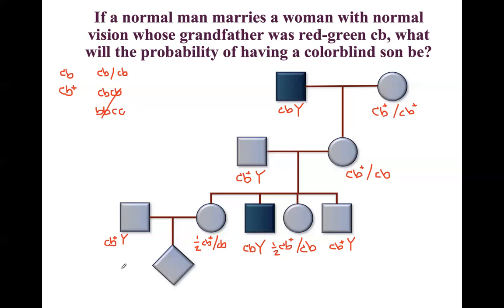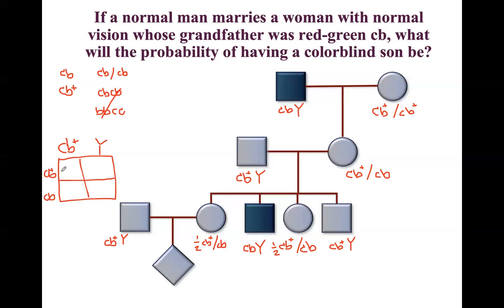Okay, now we have a Punnett square to make. Here we're going to do dad. Dad is CB plus Y. And over here we have mom, and mom has CB plus and CB. Remember, CB plus is normal.